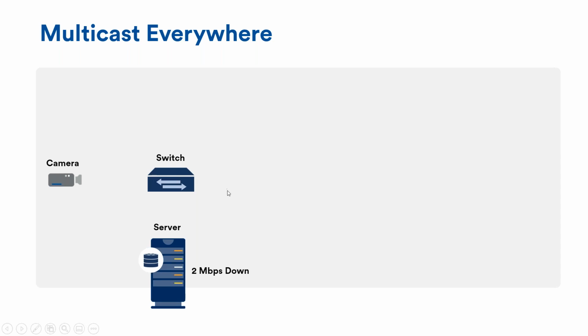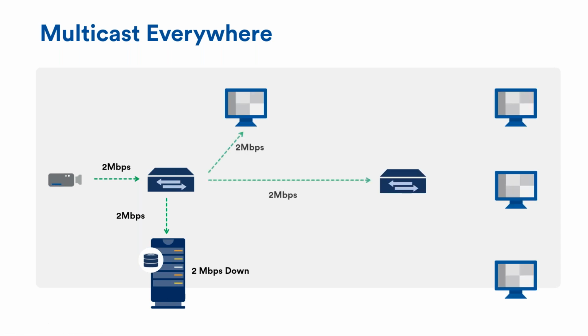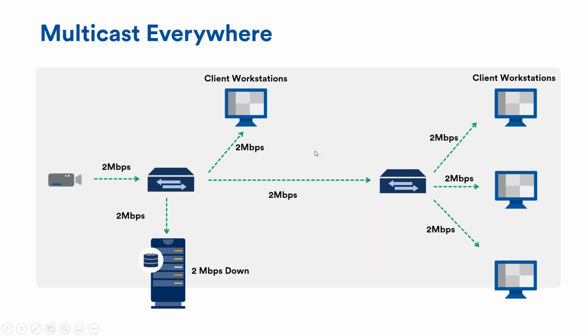Basically, that means the camera supports multicast, and the camera sends out a multicast stream. The archiver still needs that stream because it's set to record, so 2 megabits per second comes down. But the archiver does not need to send any video up because the camera supports the ability to send a multicast stream, and the client workstations just get that stream distributed from the switches. Okay.